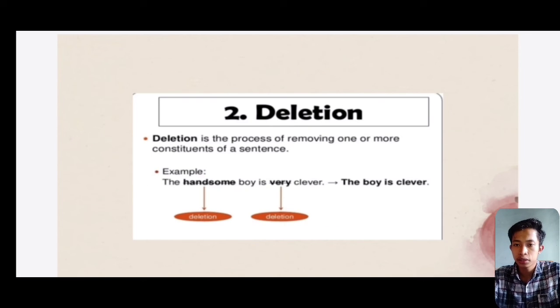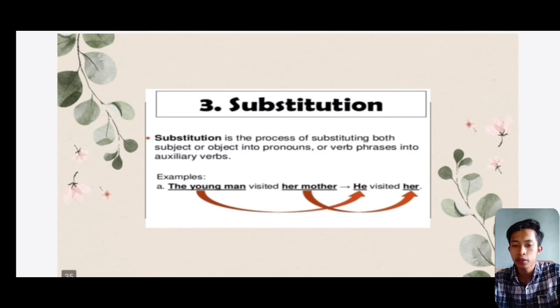The second is deletions. Deletion is the process of removing one or more constituents of a sentence. For example, the handsome boy is very clever. If we take the deletions on that sentence, the sentence can change to the boy is clever. The third is substitutions.